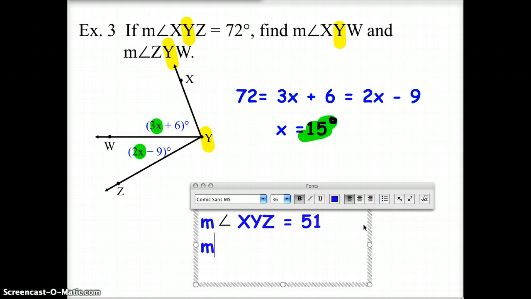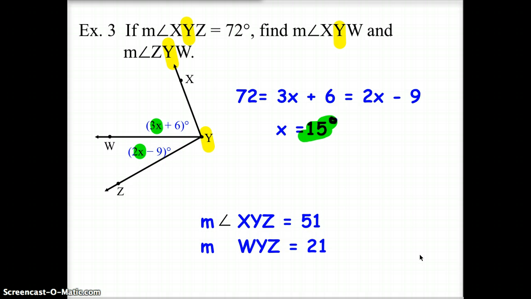Then the measure of angle WYZ, or you could label that as ZYW, either way works, is going to be 15 in for x. 15 times 2 is 30. 30 minus 9 is 21 degrees.